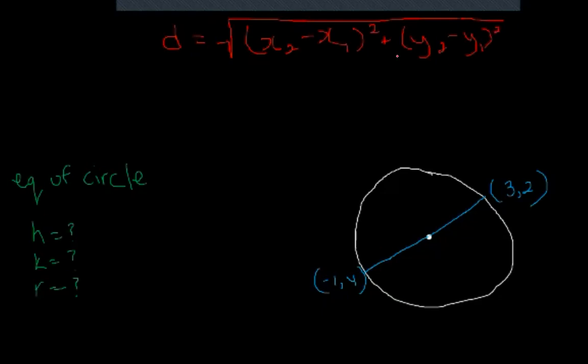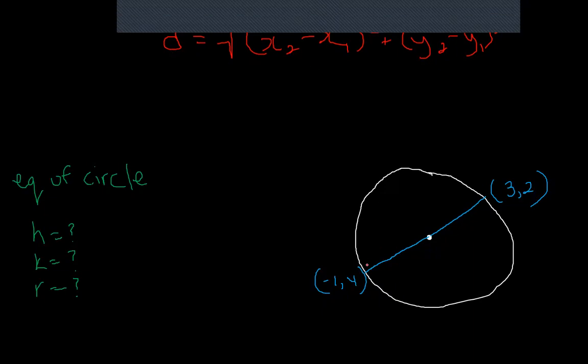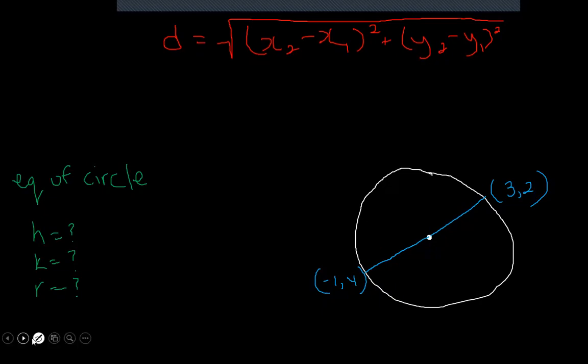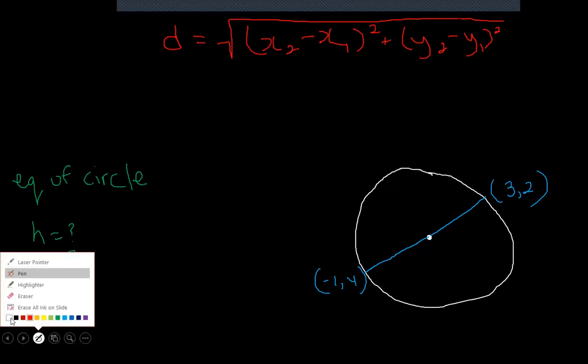Anybody remembers this formula? Yes, miss. So if you use this formula, you'll be finding the length of this entire line. So we'll be finding the length of the diameter. So let's do that first.